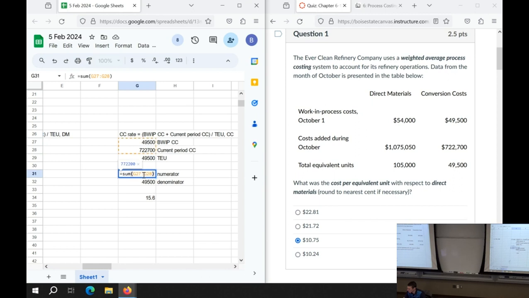So the numerator becomes the sum of those, 772,200, and divide them. Get 15.6. Is that okay?